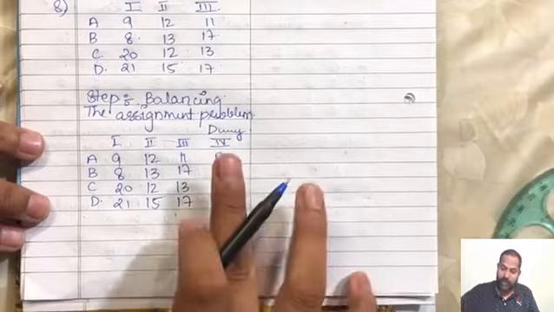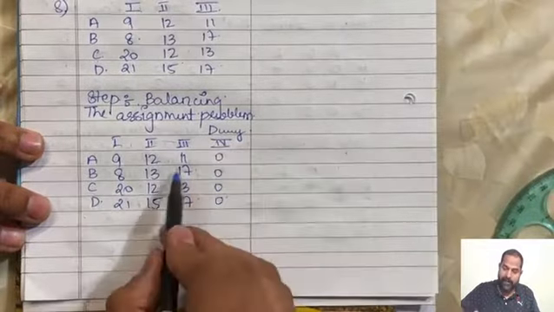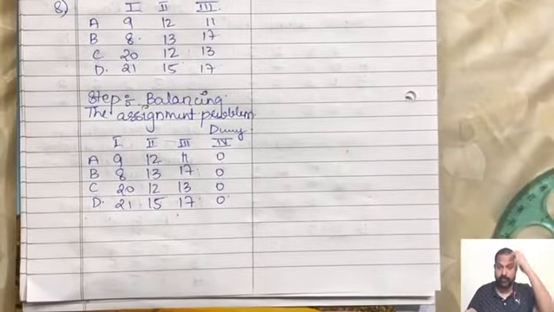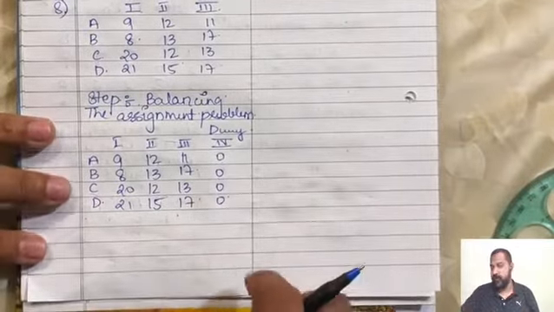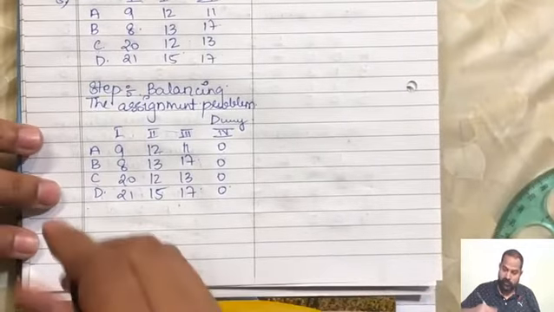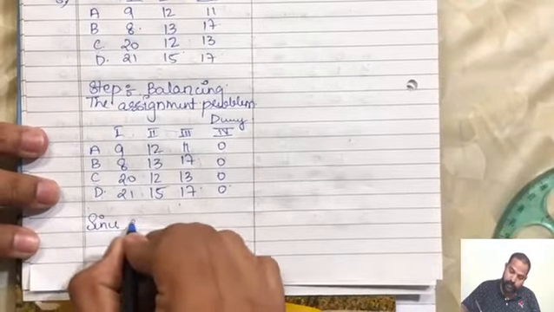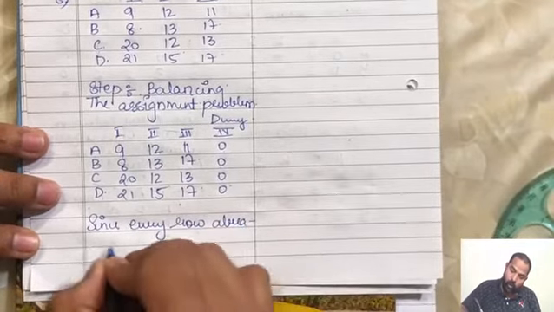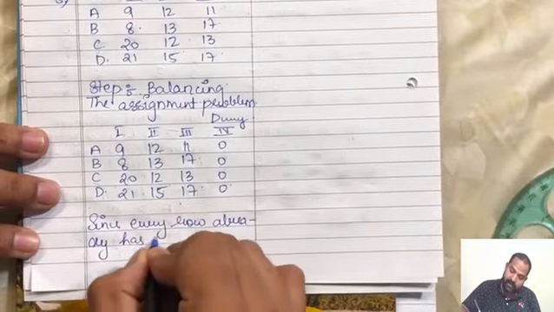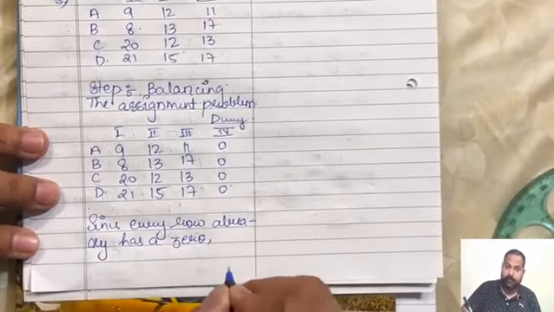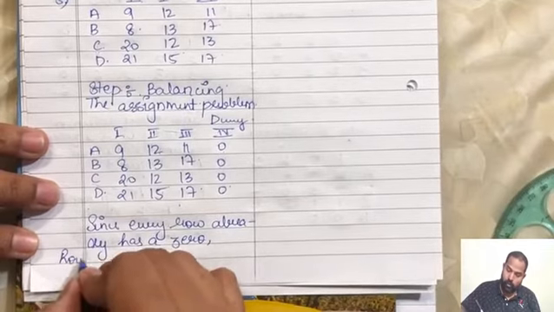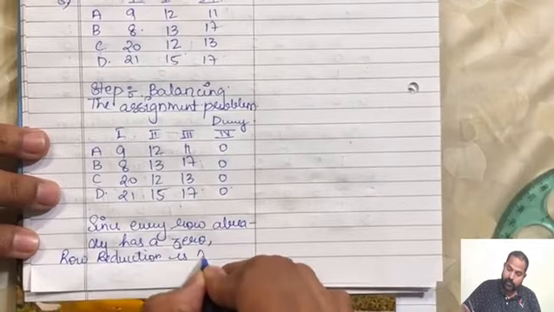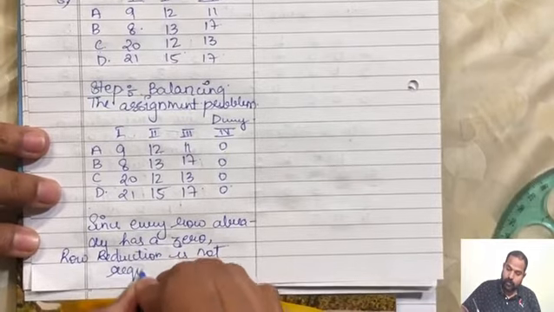So please don't make the mistake of not considering the 0 and saying, oh, the least is 11, let's start reducing. Sorry, the least is 9, let's start reducing. That's wrong. There are already zeros, that is why we are not going to row reduce. So I am going to say, since every row already has a 0, row reduction is not required.